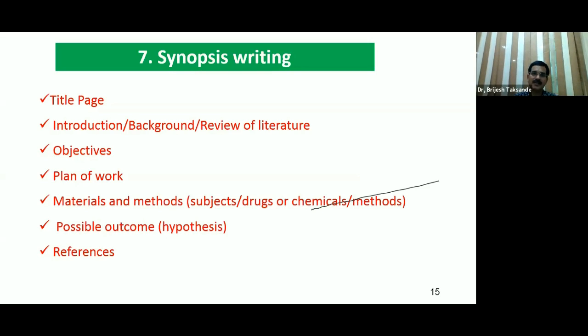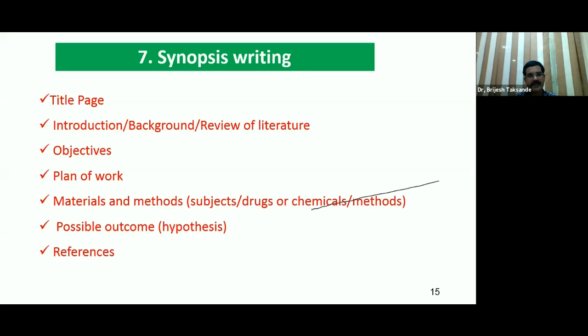You can consider it as a background or review of literature, or sometimes you can distribute your introduction and review of literature as separate components. In the introduction, you can give the introduction of your research problem, and then review of literature, which would be dependent upon those 7 or 8 research publications. Then you have to write down the objectives, and then the plan of work in bullets. So what are your plans for the completion of those objectives.